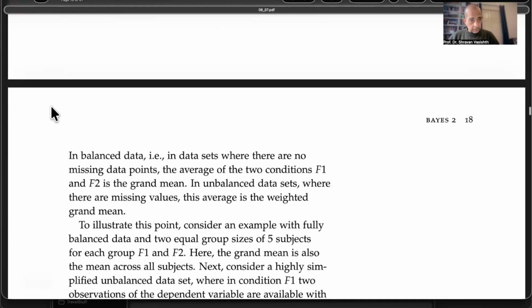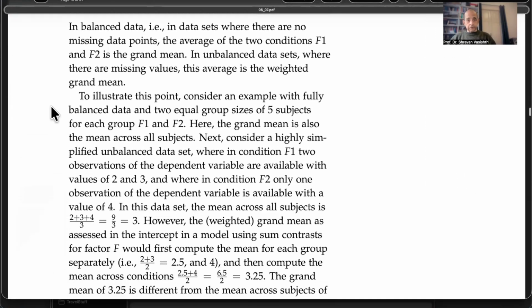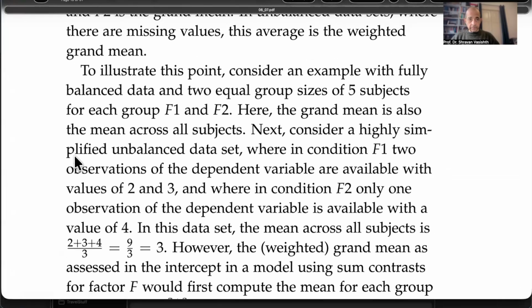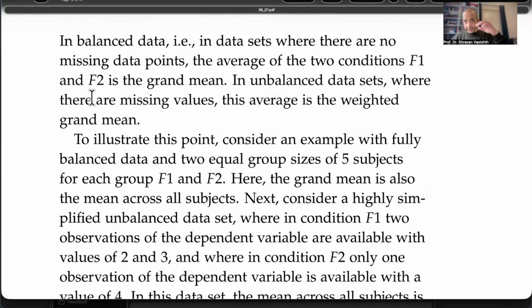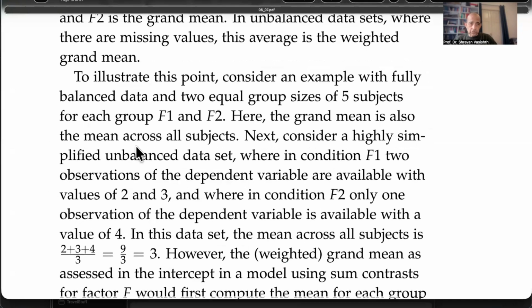Yeah, here, I wanted to just quickly illustrate this point. When you have missing values, the intercept will not represent exactly the average of the two conditions, right? So suppose you have fully balanced data and two equal group sizes of 5 subjects for each group, F1 and F2. Then the grand mean is also going to be the mean across all subjects, right?